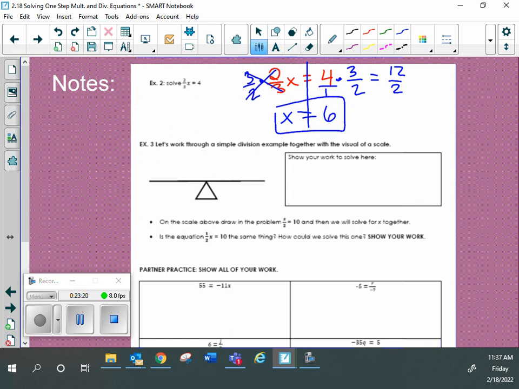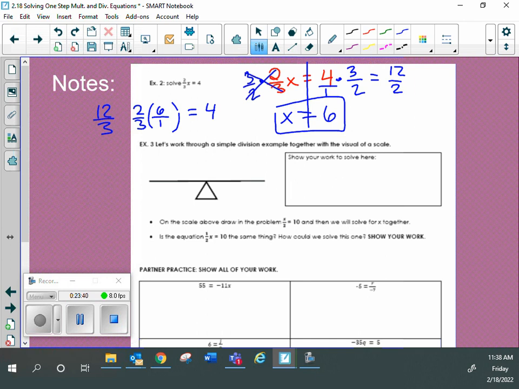Very good. Again, of course, you can check 2/3 times 6. I want it to equal 4. You can put that over 1, that gives me 12 over 3, which is 4. I know it's crazy because you don't have to check it, I'm just showing that you can.